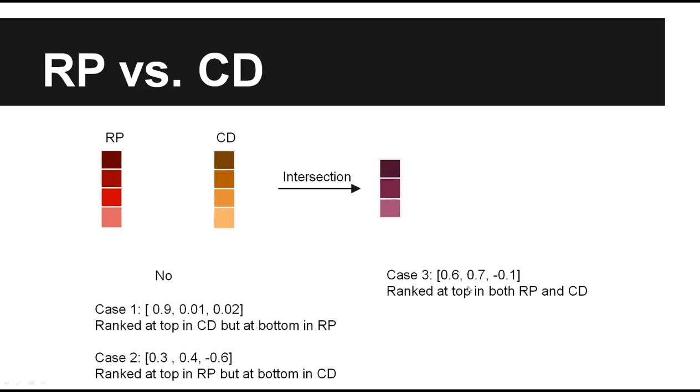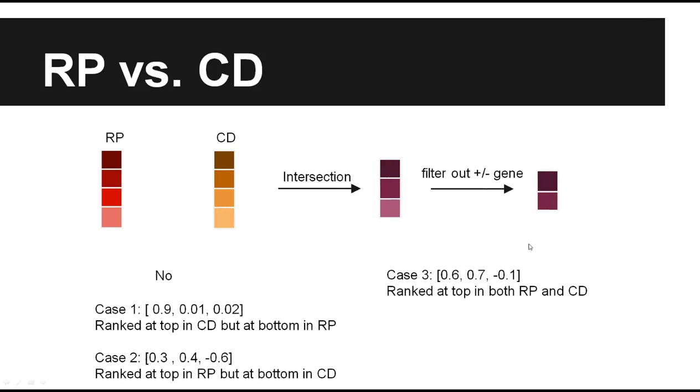But I think we will all agree that this gene is also unlikely to be a differentially expressed gene because the component values are not consistent. Their signs are not exactly the same. So we have to filter out the genes whose signs are not consistent across replicates. So here is our final differentially expressed gene list.